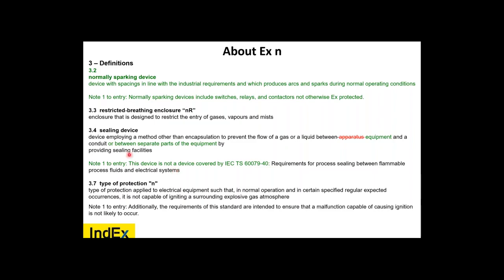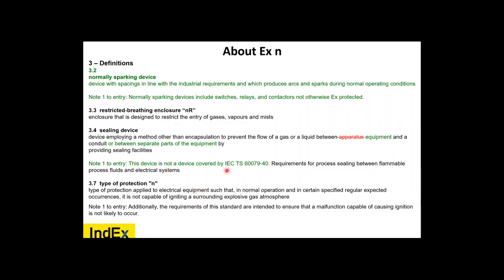Now, what's EXNR? Enclosure that is designed to restrict the entry of gases, vapors, and mists. Now, is humidity a vapor? Certainly is. So, not only does it prevent the hazardous atmosphere from getting in and out, it also stops the humidity from getting into a cabinet. What about sealing devices?